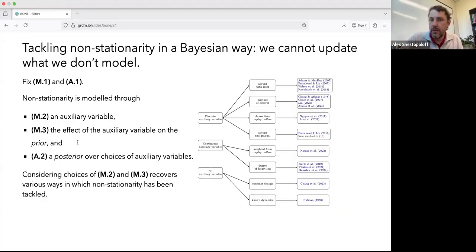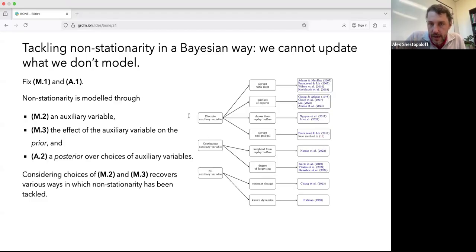How does the auxiliary variable affect the prior on the parameters that we're trying to learn before new data is observed and before this new data is used to update the parameters at the next time step. Okay. And we also have a choice of a posterior over different auxiliary variables. So this is the question of how do you feed back information from the observed data into what you know about the auxiliary variables. Okay.